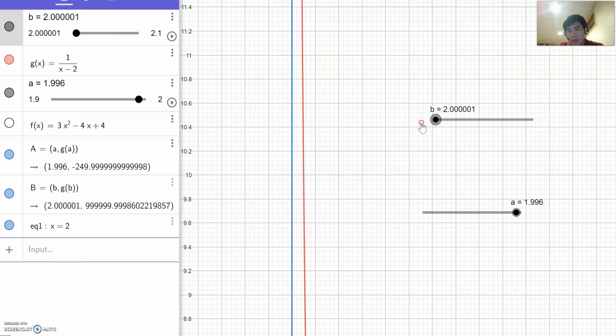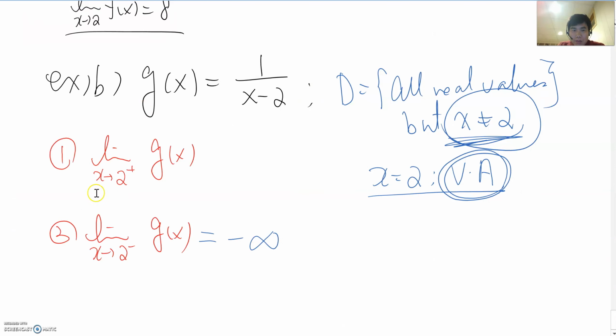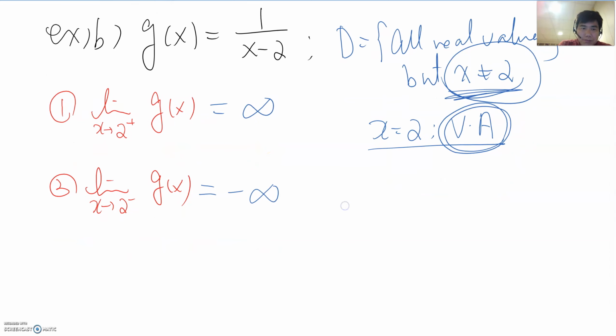Now it ends at 999,999 point something. So it's going toward positive infinity. So this answer we can also say infinity. Of course, they are not connecting to each other. So overall, the limit as x moves to 2 of g(x), there is no limit, basically.